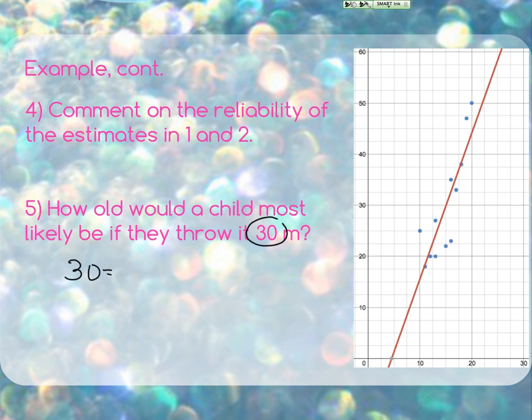So 30 equals 3.29x minus 20.3. So we have to add the 20.3, and then divide by the 3.29.